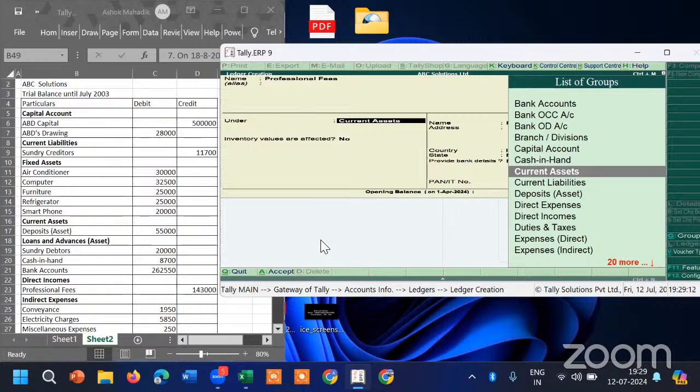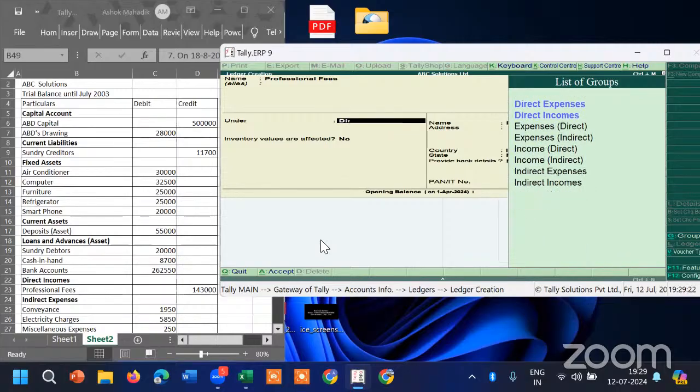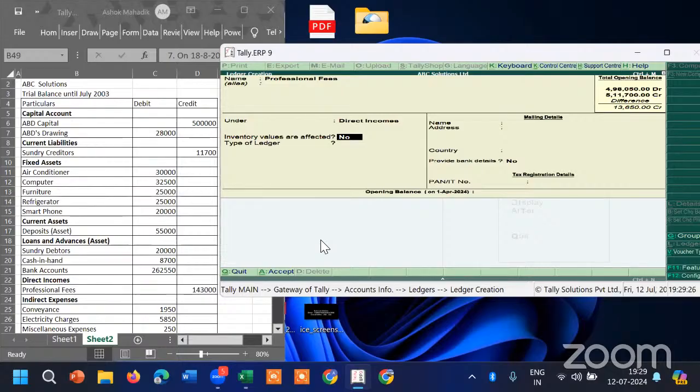Because if you need to raise any invoice, then if we show it under direct income, you won't be able to create that. But still we'll go for direct income only. If any change is required, we'll do it later. At the moment, for the time being, I'm keeping it under direct incomes only. Direct income is professional fees 1,43,000.